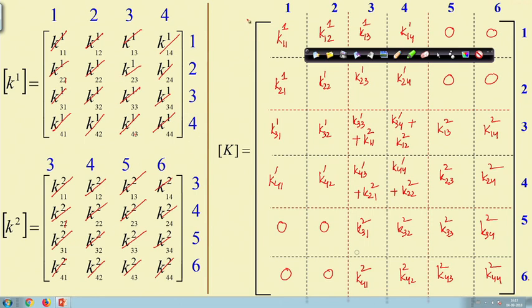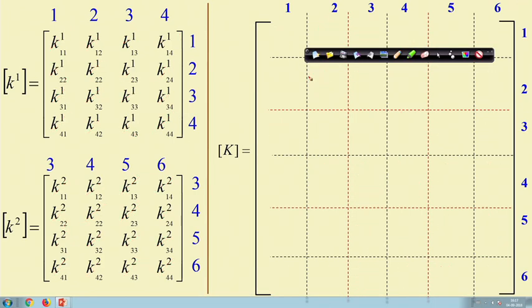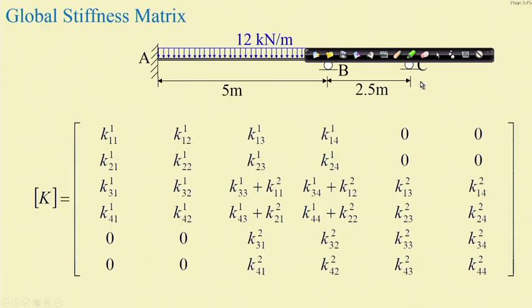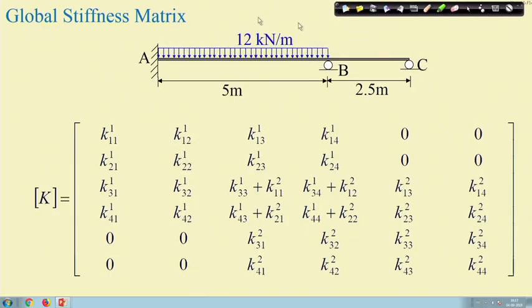Now, let us write it. Let us see the final form of the global stiffness matrix. So, for this member, the global stiffness matrix is this. Remember, this is the stiffness matrix written in terms of K1, 2, K2, 3 and so on, but we know what is the expression of different components in terms of length, in terms of flexural rigidity. We will substitute those values here and get the global stiffness matrix when we actually solve this problem.